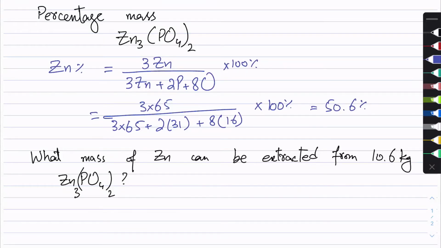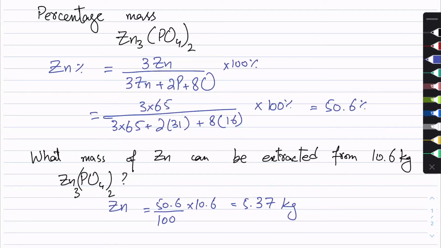So I'll just multiply 50.6% by 10.6 kg because I know that 50.6% of whatever mass I have, that is zinc. So I'll get zinc from here and that will be equal to 10.6 multiplied. Yeah, we get 5.37 kg. So that's clearly telling me how much mass I will have of this thing.